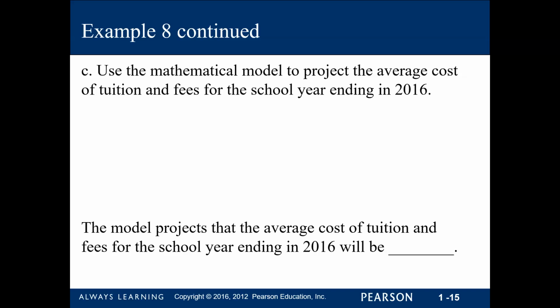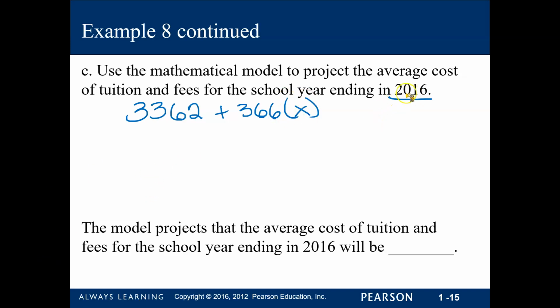So here, let's use the mathematical model so that we can predict how much the tuition fee will be in the year 2016. Going back, our mathematical model is 3,362 plus the yearly increase of 366 multiplied by the number of years.